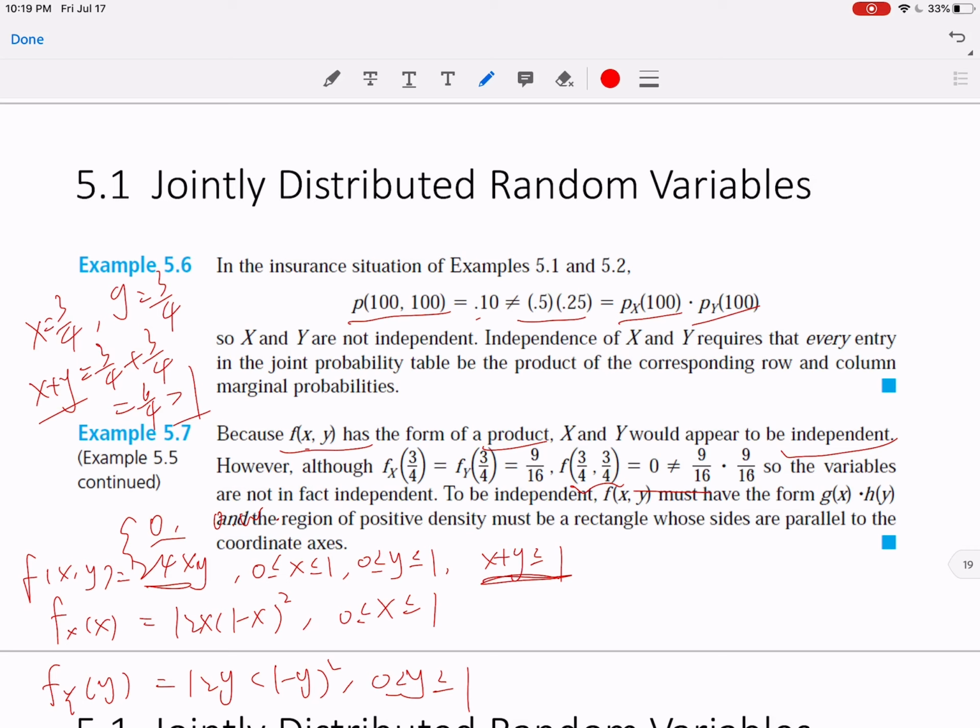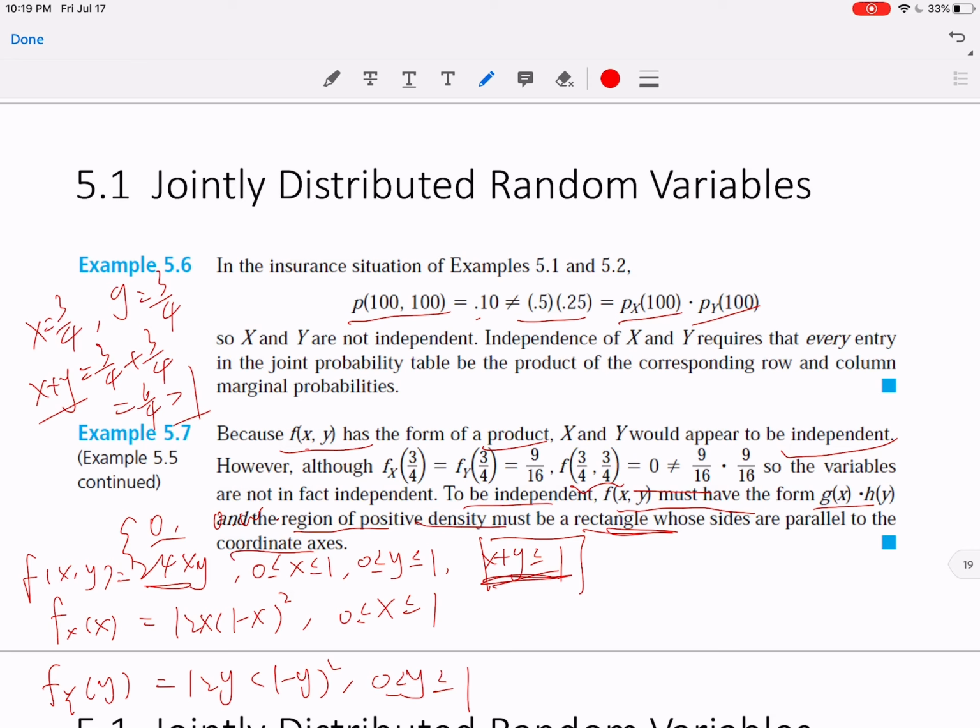Because of this. Okay? To be independent, f of xy must have the form of a function of x times a function of y, and the region of positive density must be a rectangle whose sides are parallel to the coordinate axes.